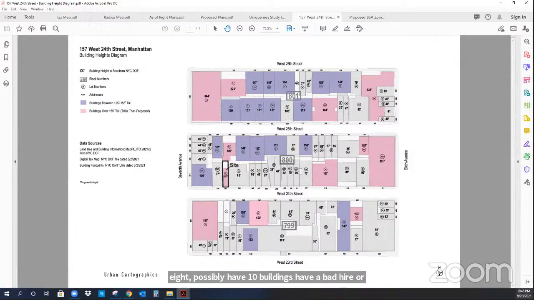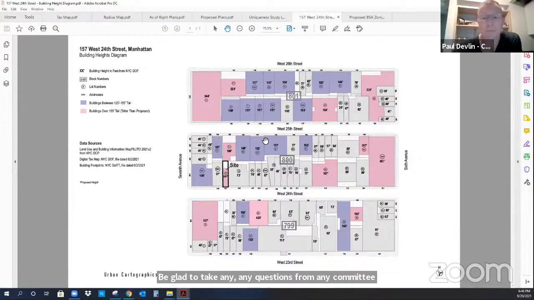And there are also, on this map, we show buildings between 125 and 155 feet in height. And there are many of those also. So the proposed height, as well as the residential use in the area, does seem to be within character of the area. Be glad to take any questions from any committee members.